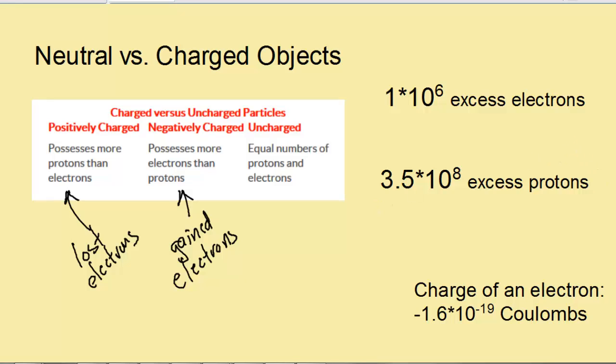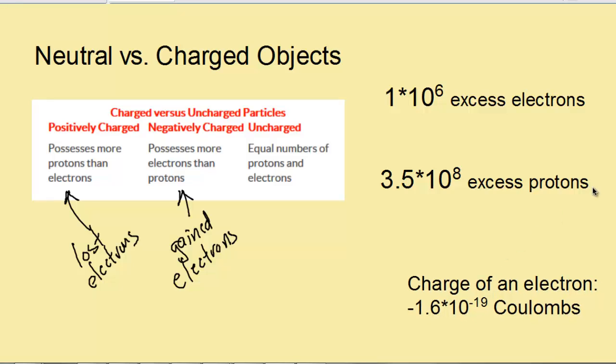Now, some of the math that we're going to have to do in this unit is really pretty simple. It's just that the numbers seem odd to us. So if we have an object that picks up some excess electrons, so it gains electrons, it's going to have a negative charge. I wonder what the charge of that object is. Well, it's simple. This is the number of electrons we have, and we know the charge of an electron.